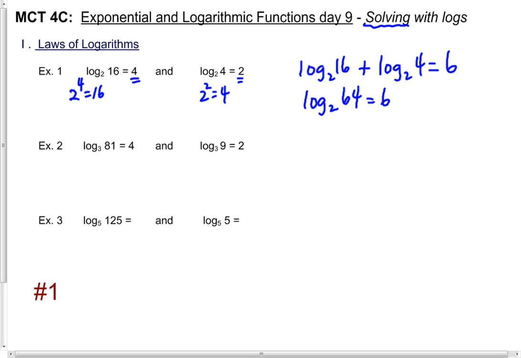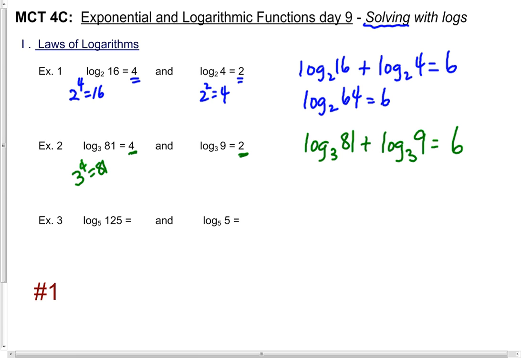Log base 3 of 81 is 4, because 3 to the 4 is 81. So that's true. Log base 3 of 9 is 2, because 3 squared is 9. Let's add those ones as well. Log base 3 of 81 and log base 3 of 9, so same bases. And I get 4 plus 2 is 6.